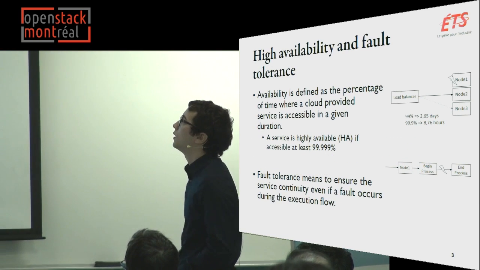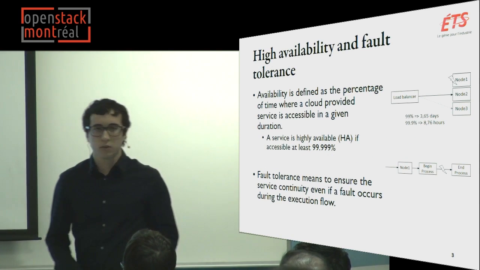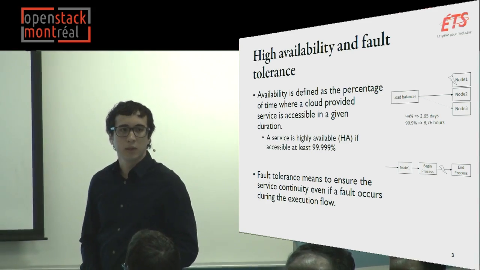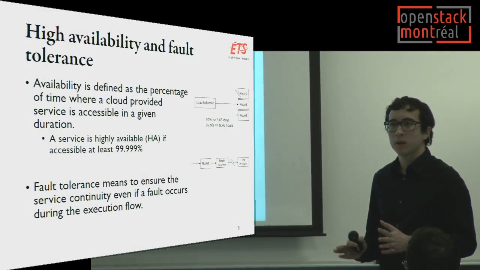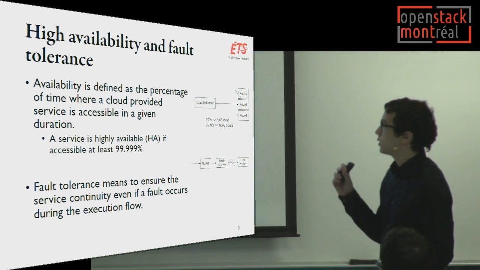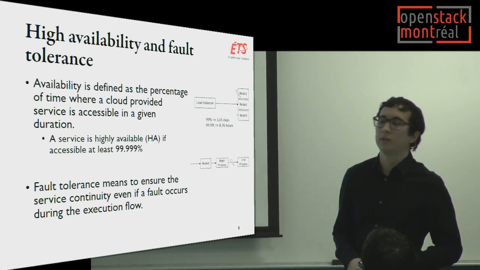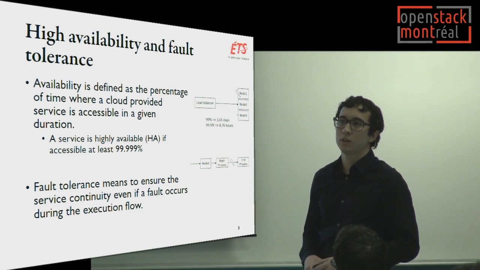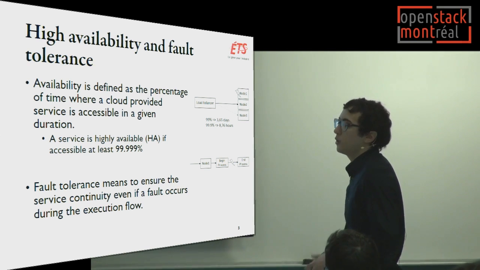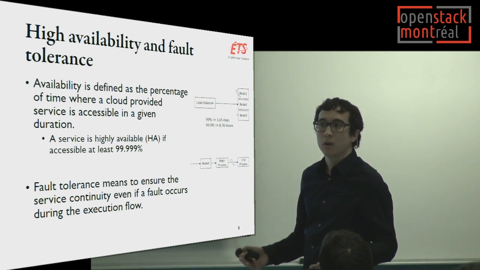Firstly, it's important to understand the difference between high availability and fault tolerance. To understand the high availability of a service, you need to understand the availability itself of a service. The availability of a service is a given duration where you can access a service in the cloud, okay?